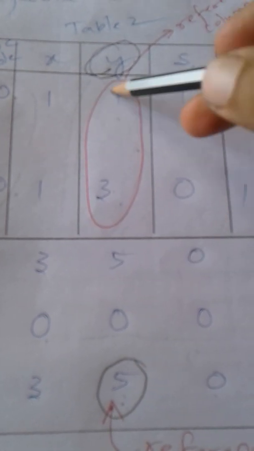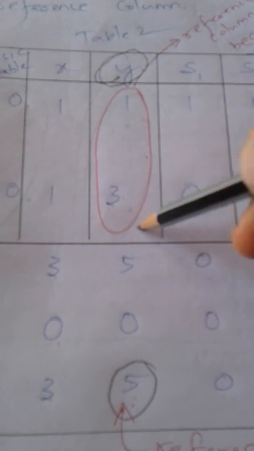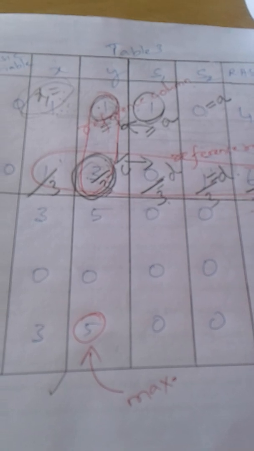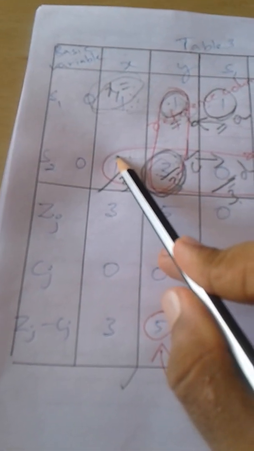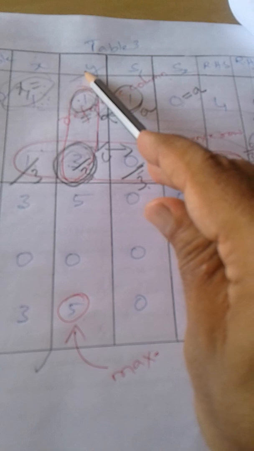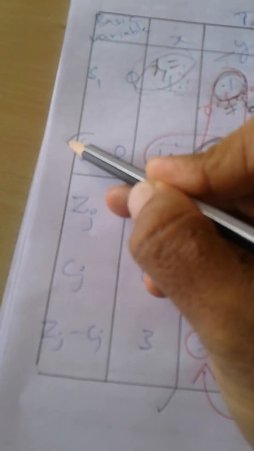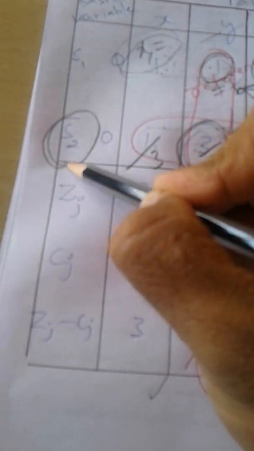This product B gave us the maximum profit, that is the reason we selected column 2. Also, we considered the second row as the reference row. That means we are supposed to manufacture 2 units of product B. Now that is the reason S2 gets replaced with Y.